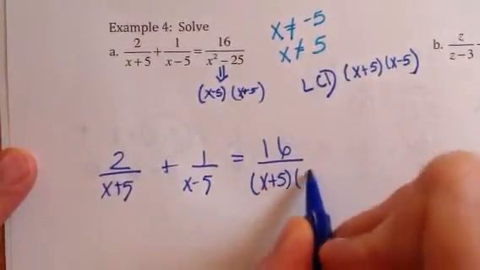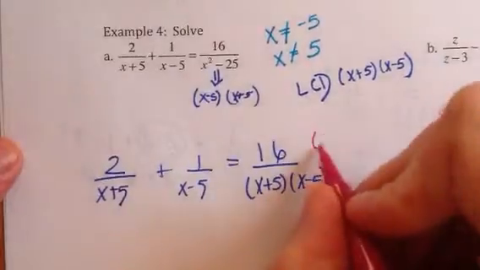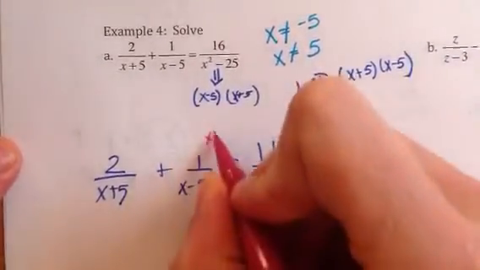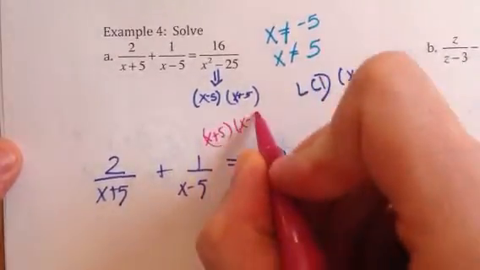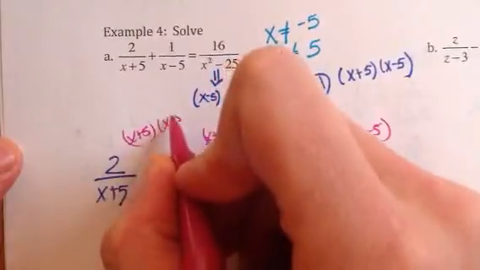X plus 5, x minus 5. It's easier to see. Now I'm going to take all of my terms and I'm going to times it by my LCD. So x plus 5, x minus 5.